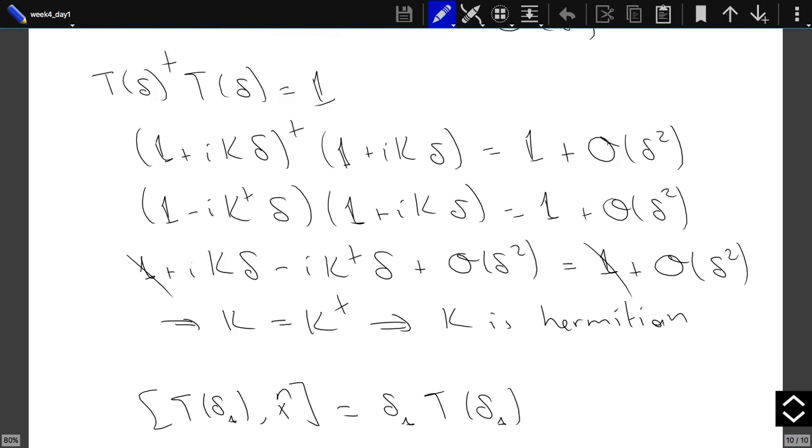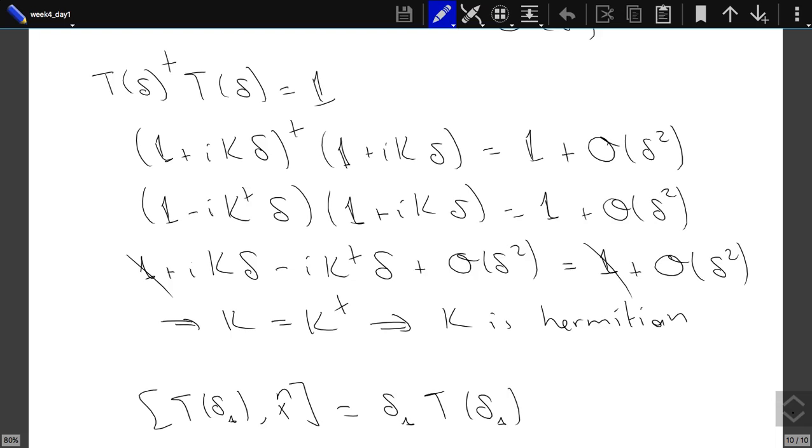And when we calculate that, we had seen that T dagger T deviates from 1 by a term proportional to K minus K dagger, and hence that term should be 0, which told us that this operator K had to be Hermitian, whatever this operator is. That tells us that K corresponds to a certain observable. We don't yet know what it actually is, but it's Hermitian, so it's observable.